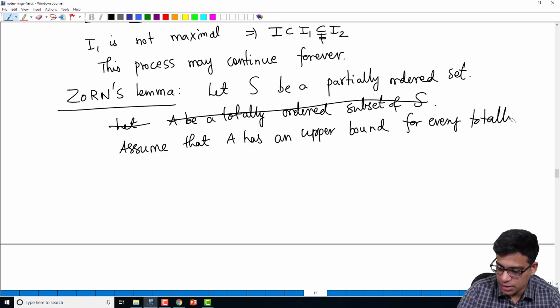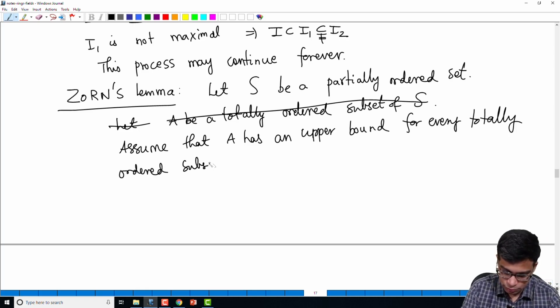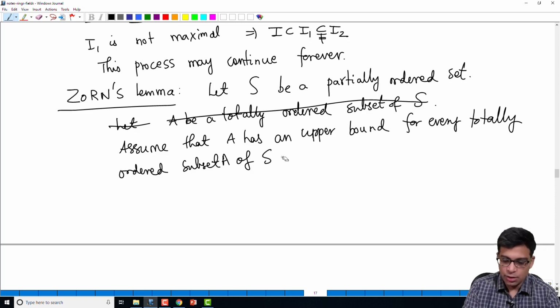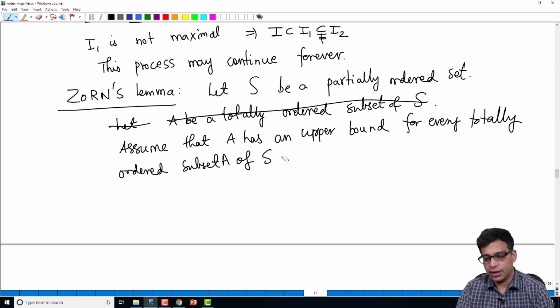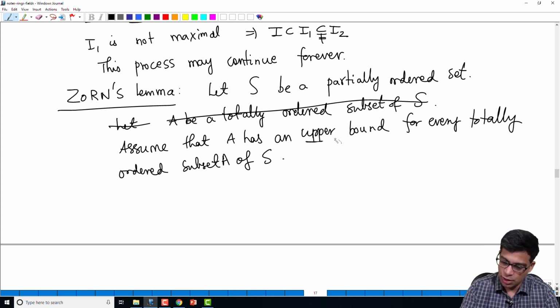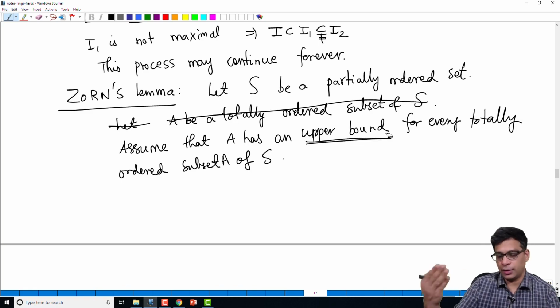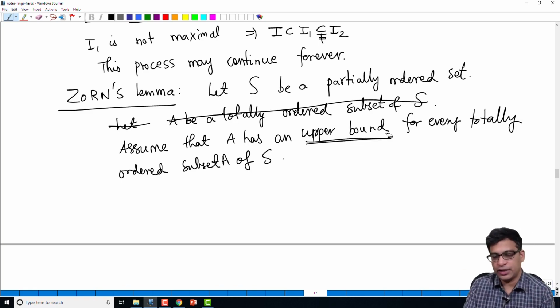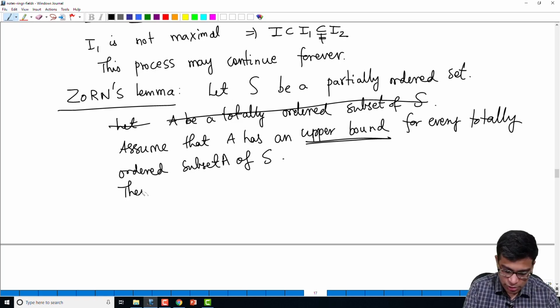So I should really say: assume that every totally ordered subset A of S has an upper bound. So S is a partially ordered set in which every totally ordered subset has an upper bound. That means there is an element of S which is bigger than everything in A. That's what an upper bound is. Then S has a maximal element.